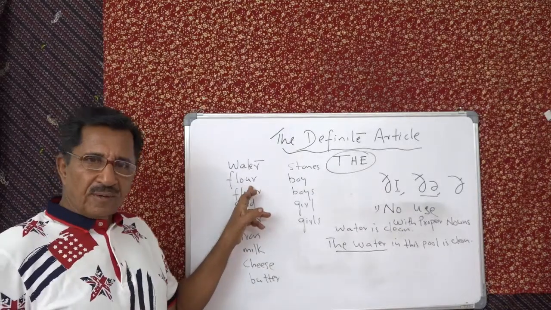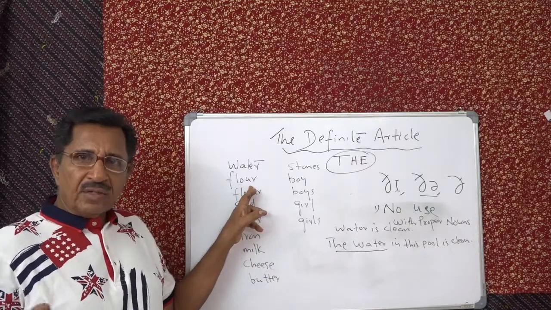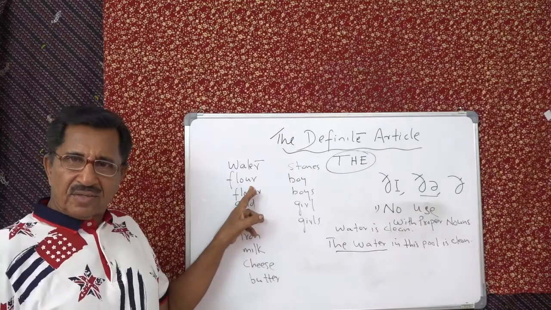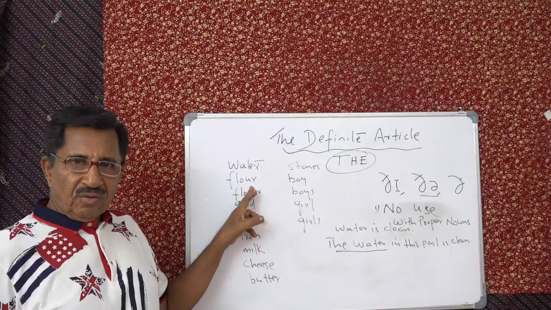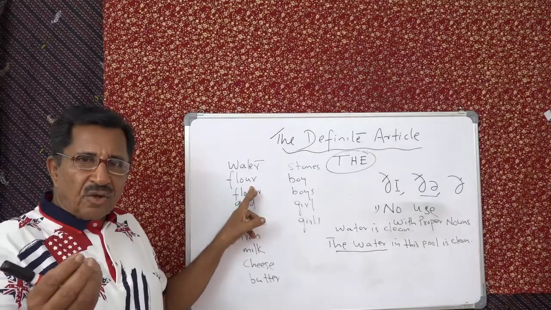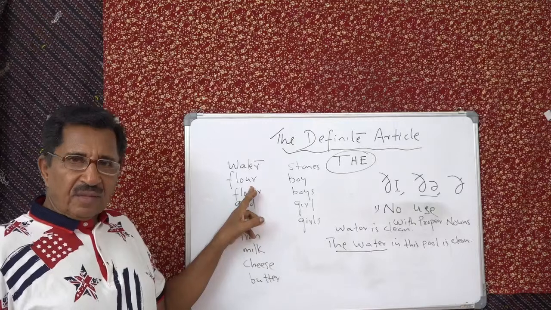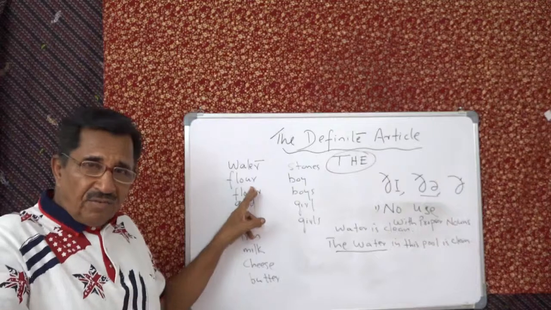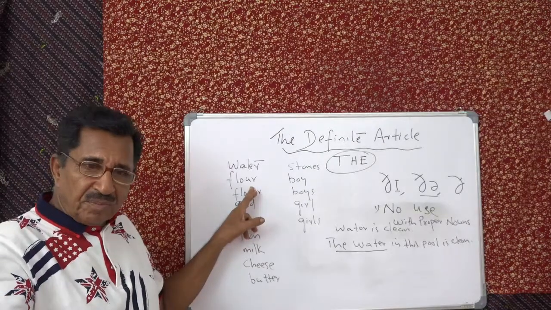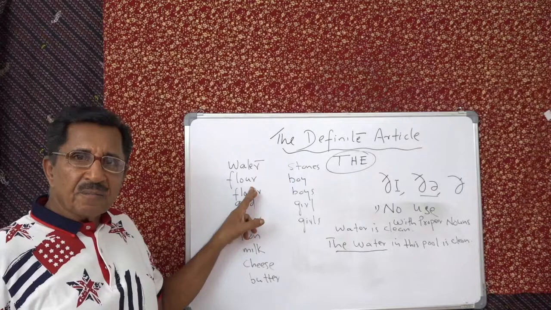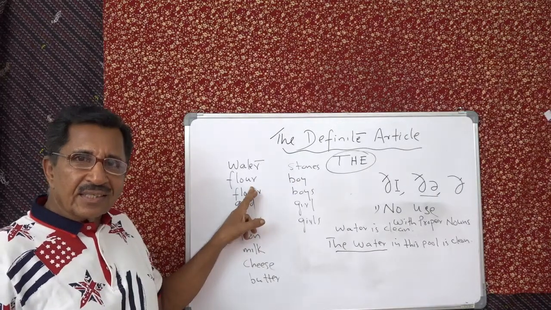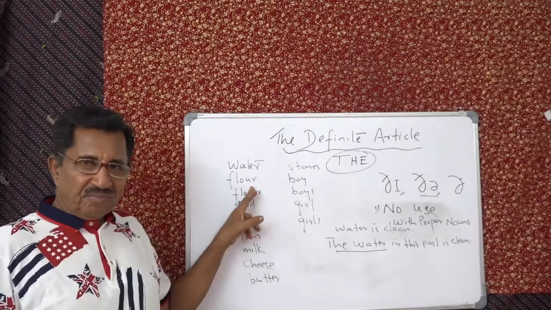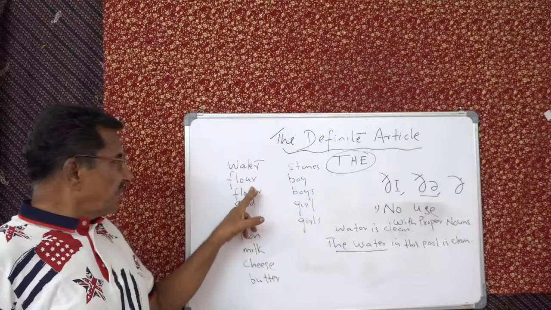Now look at all this. Flour, F-L-O-U-R. Flour is white. You know, wheat flour. Isn't it? Flour is white. Or you say flour is very soft. Yes. General statement. When you say the flour from this mill is not white or not pure, you can say.